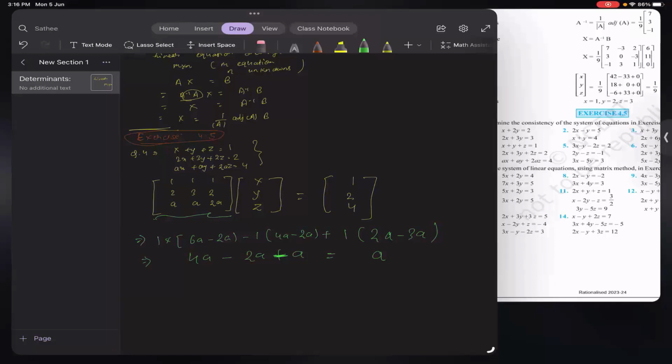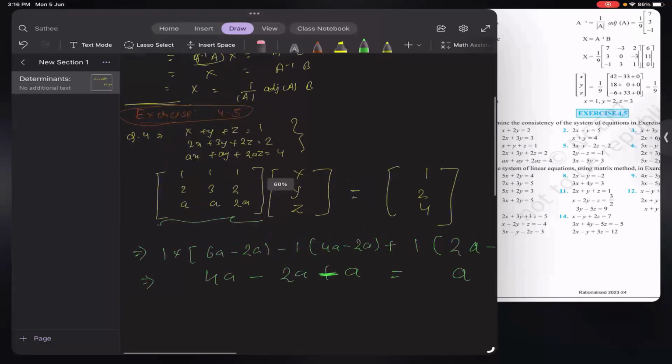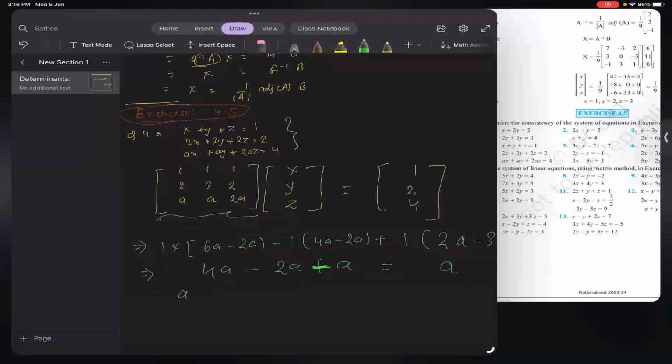If a is not equal to 0, then clearly there exists a unique solution. But if a equals 0, this cannot be the case, because then the last equation would read 0 equals 4, which is not possible.